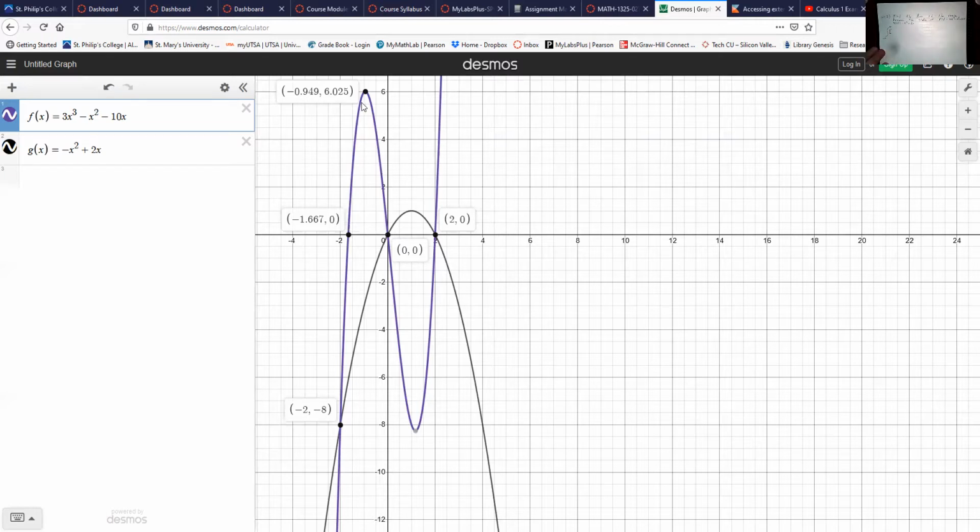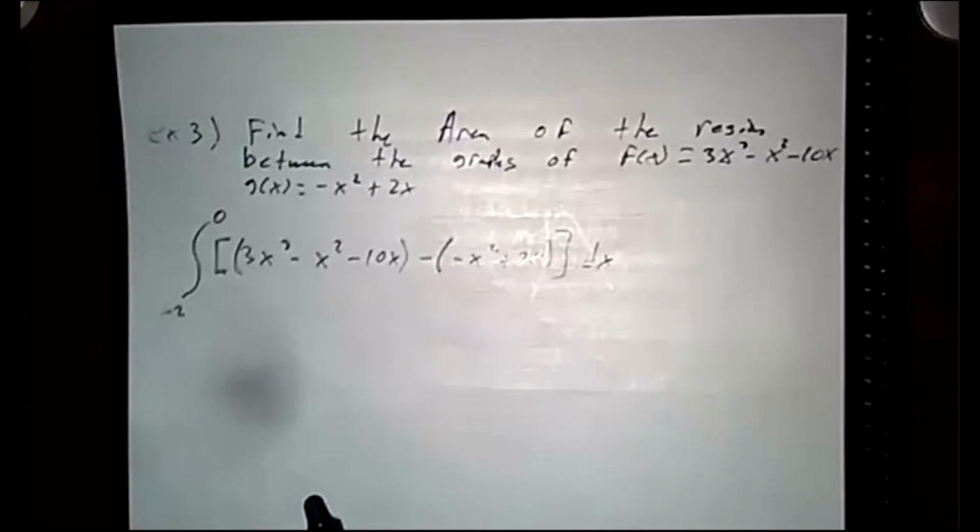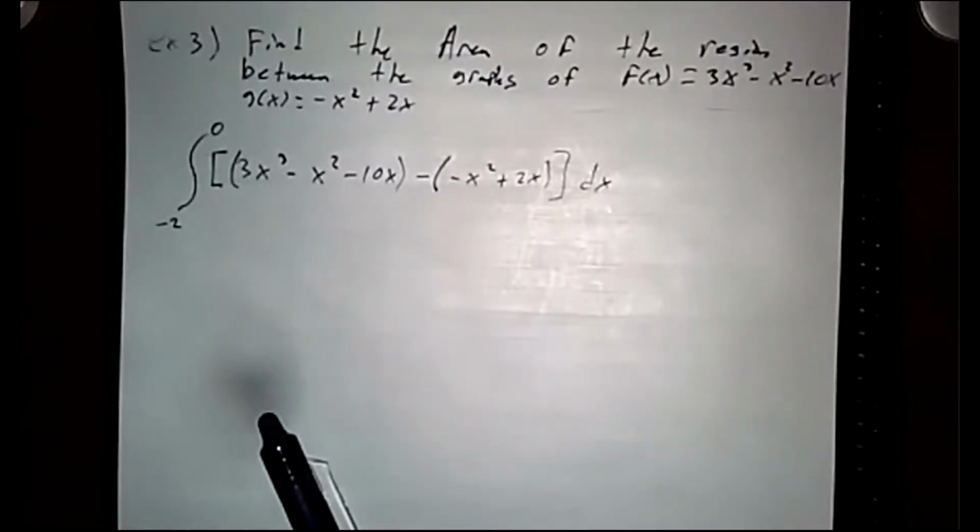Top function is the cubic, so 3x cubed minus x squared minus 10x, minus the bottom, which is -x squared plus 2x, dx. Does that setup make sense for the first integral? Yes. Yep.